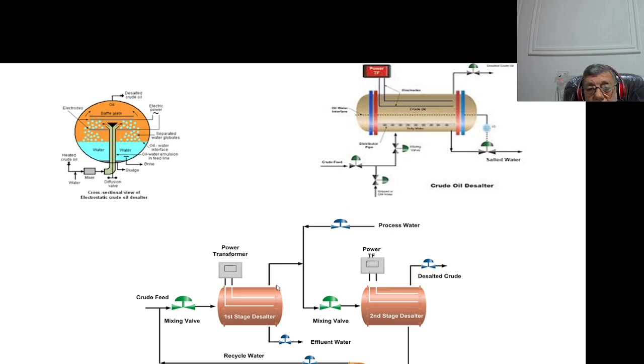So either one stage or two stages of desalters are used in the refinery or in crude oil treatment. So this is two stage. This is a side view of the desalter, and how the water comes down and the oil goes up, and there is an emulsion layer here.